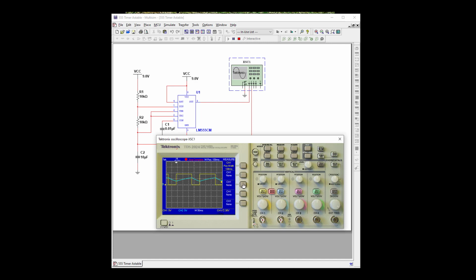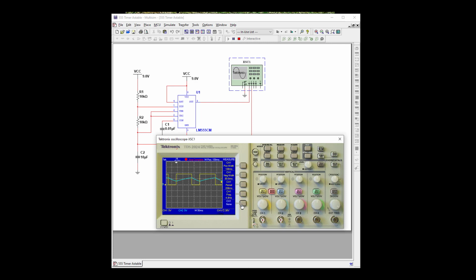Let's go back, go to the next one. So we're going to do negative width. Good. And we're also going to do period. Period would be the total time. Here we go, period. Let's do frequency, because that's what we're controlling also.